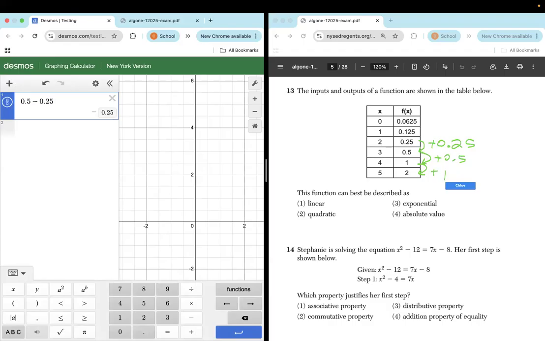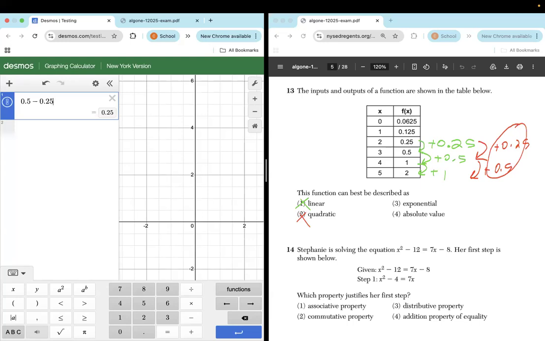So it's not adding the same number each time. It's not linear. Quadratic would be if the second rate of change was constant. This 0.25 plus 0.25 gets me the 0.5, and 0.5 plus 0.5 gets me the 1. So these are not the same number, so it's not quadratic.